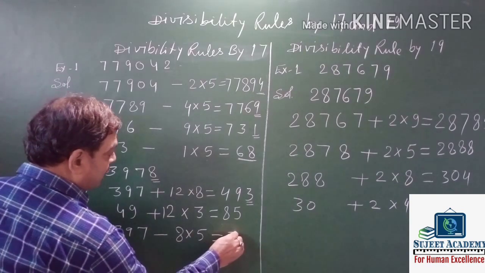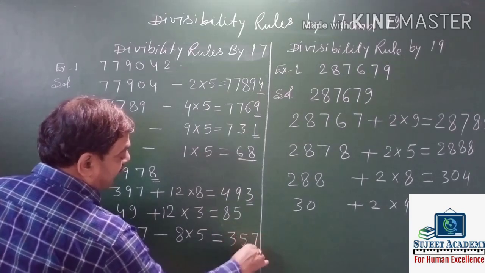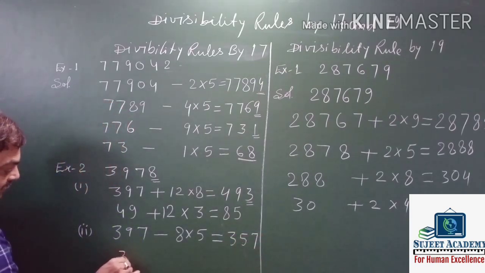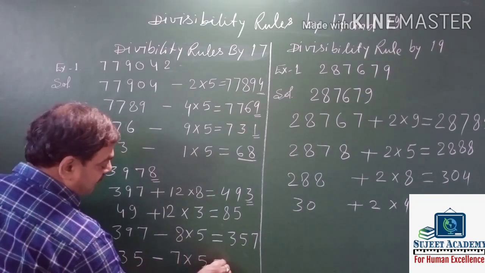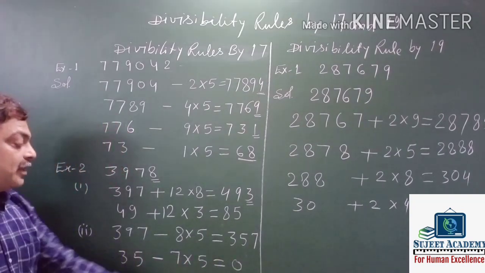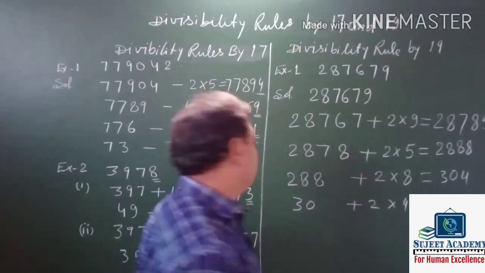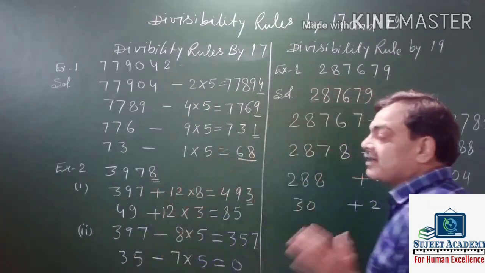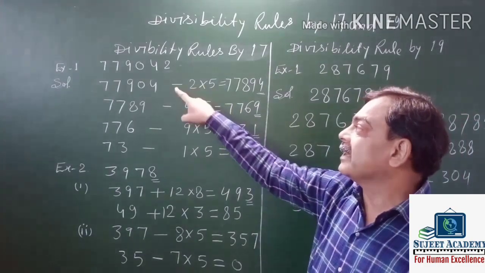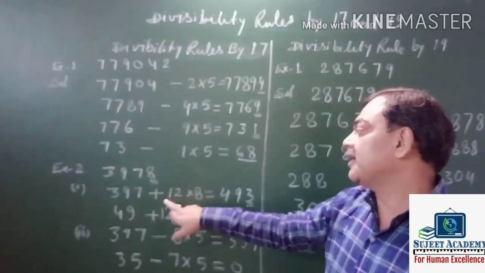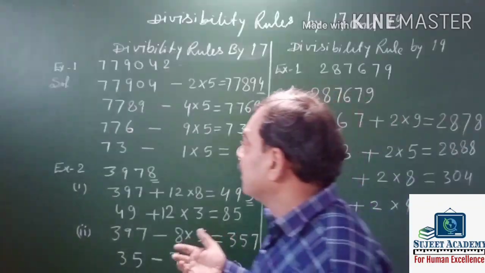You subtract it and get 357. Now in the next step, this is 35 minus 7 times 5. This is 0. 0 is divisible by 17. It means this number is also divisible by 17. This means you can use oscillator 5 as negative and oscillator 12 as positive.